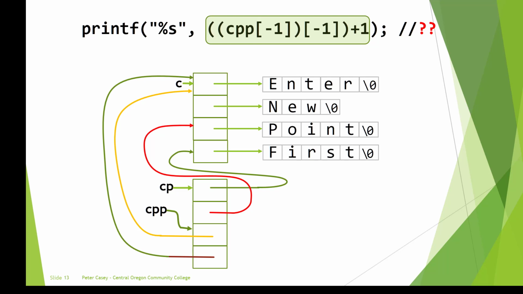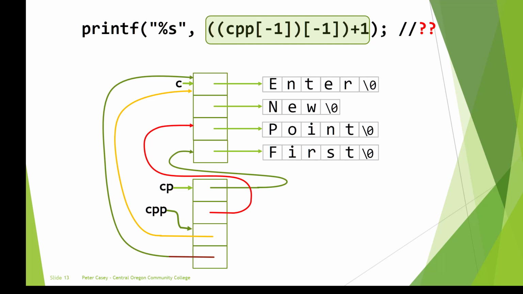So if I offset -1 from the element, the address that's sitting at the red arrow, I just offset -1 from that. I go to the second element in array C. And then I say +1 on that address, and it's essentially an offset into the array of char with the word new. So I offset 1 into that. Okay, you get the picture there?